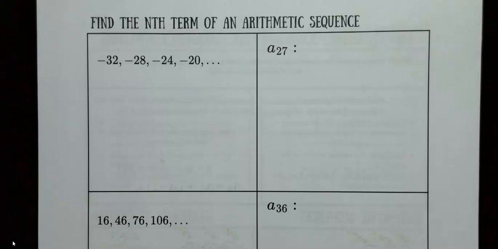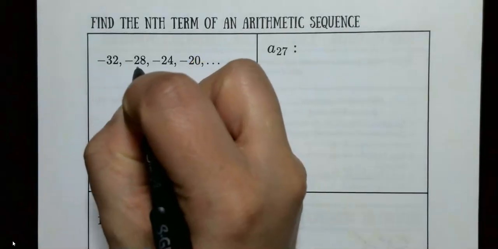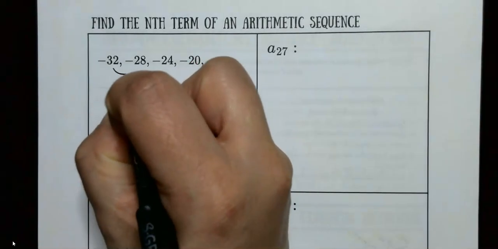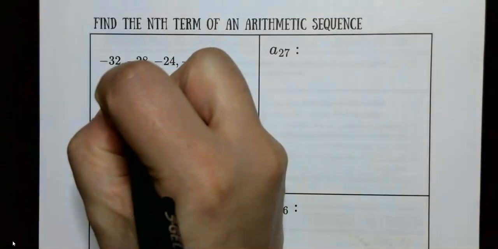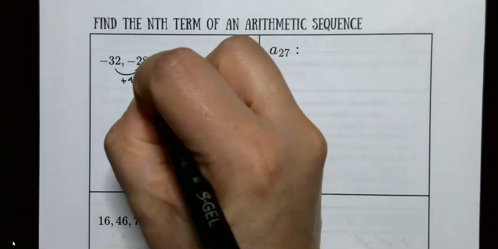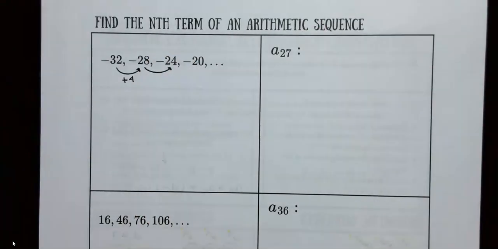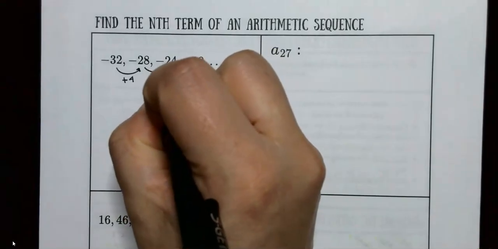As you can tell, we're looking at this sequence and we're going from a -32 to a -28. So the only way we can get from a -32 to a -28 is if we're adding 4. Then we look at -28 to a -24. Once again, we're adding 4.